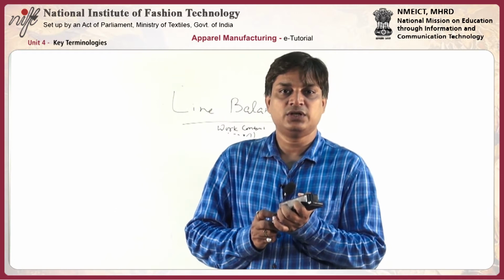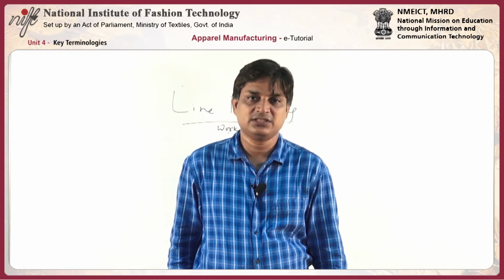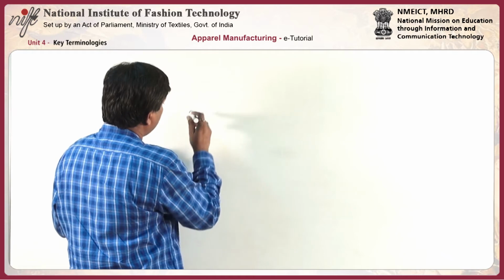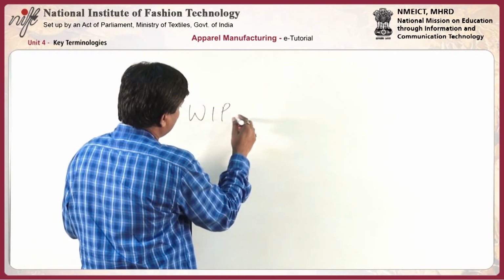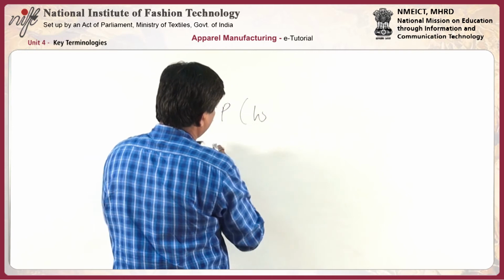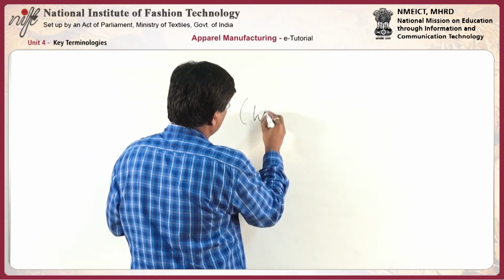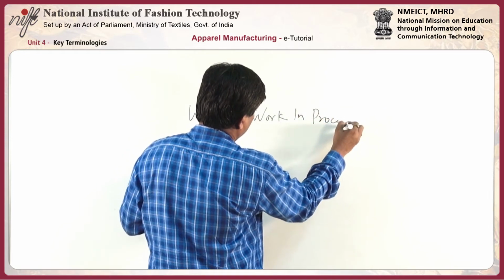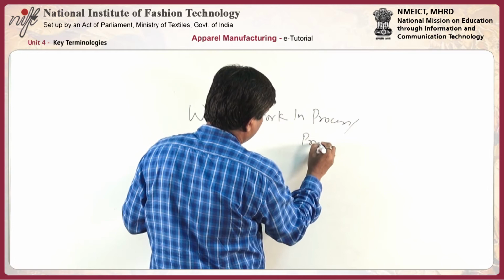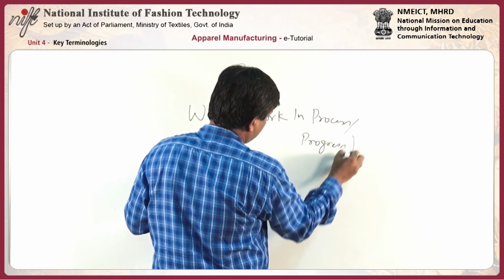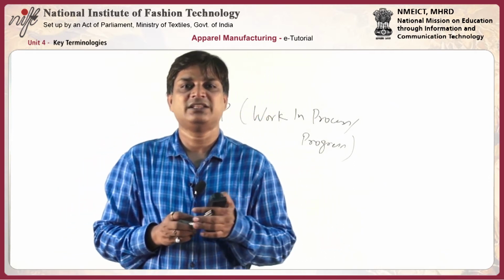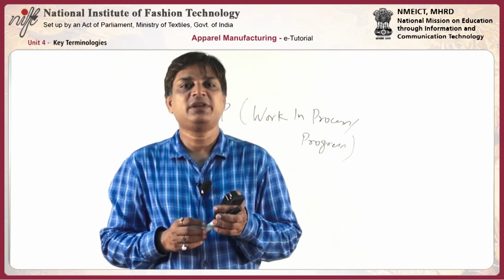The next concept is called work in process, or work in progress, also known as WIP. In a garment factory, WIP is made up of all garments and their parts that are not completely finished.